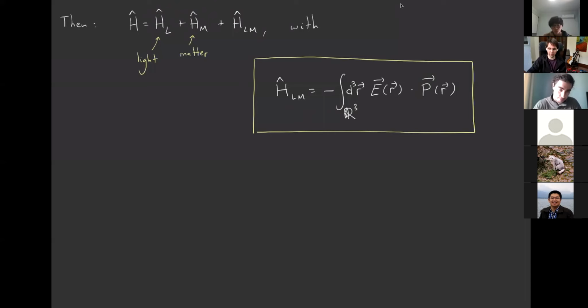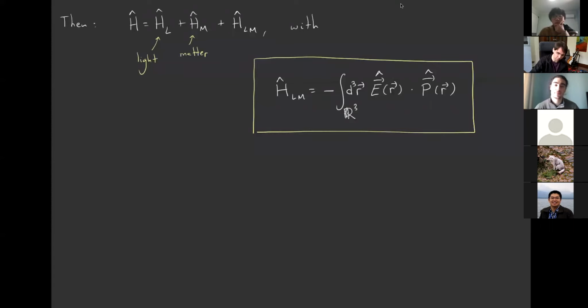And once we have this, then we simply quantize. So we quantize the degrees of freedom of matter, and we obtain a quantized version of the electric dipole moment, and then we quantize the electromagnetic field, and we obtain a quantized version of the electric field, as we saw already in class, okay?